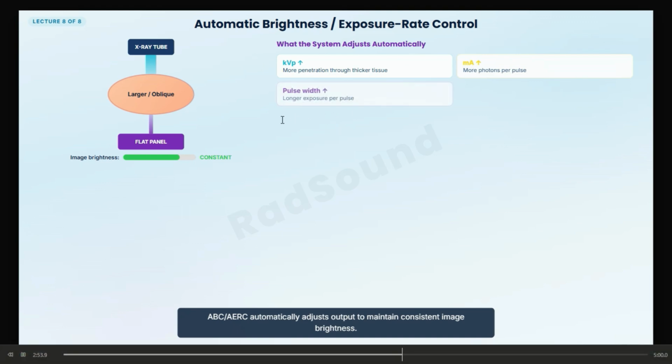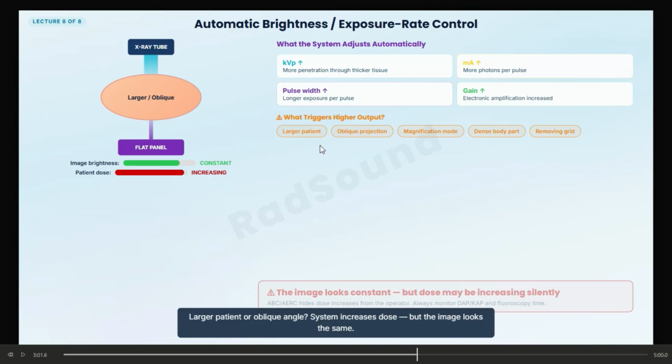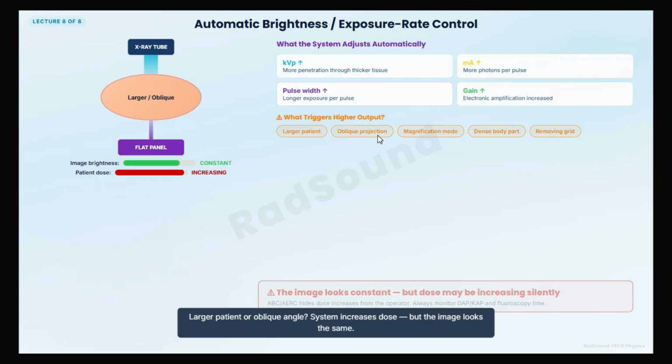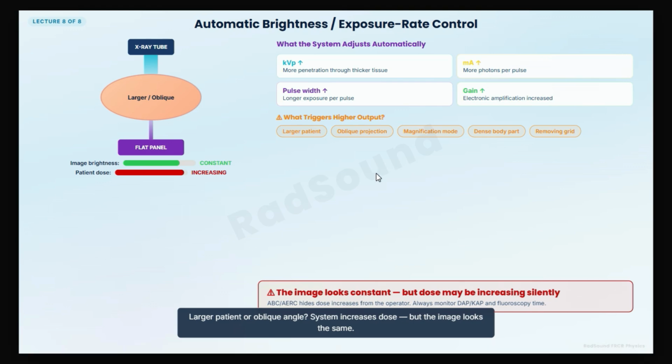The longer exposure also, because of the larger patient, so the patient dose is going to increase. This is the implication. So what triggers high output? Mostly a larger patient, oblique projections you are taking, RAO, right anterior oblique, RPO and others, left, right oblique, magnification mode, which mostly increases dose to the patient, a dense body, and removing the grid, because of the scatter reaching the detector also.